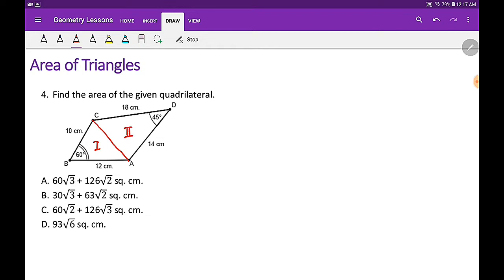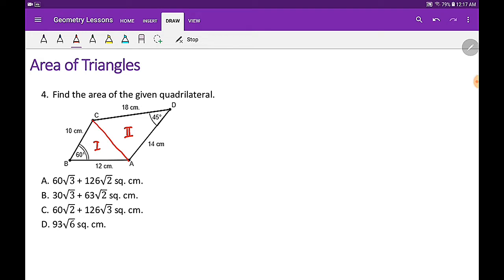Notice that in both triangles we have two sides and the angle between them given. So we find the area of triangle number 1 and the area of triangle number 2 and then add the areas together.